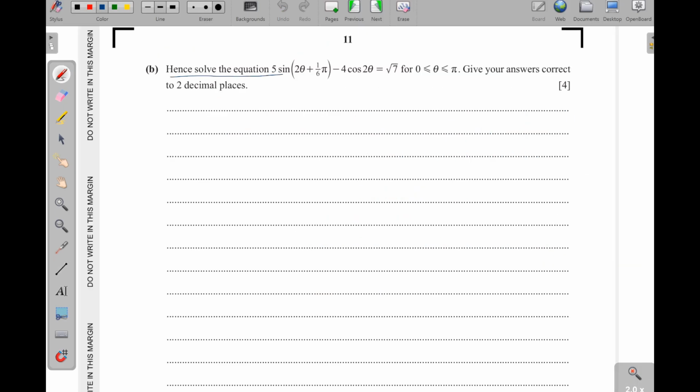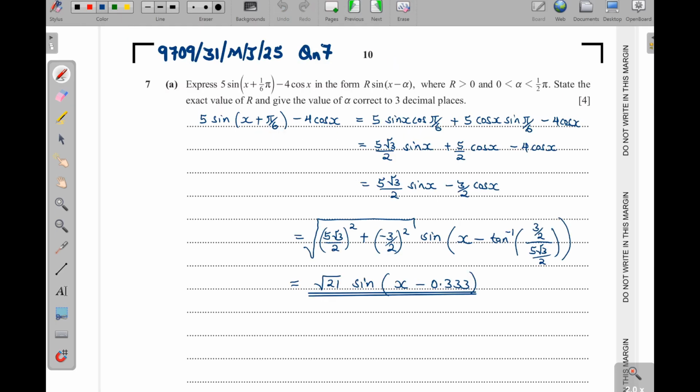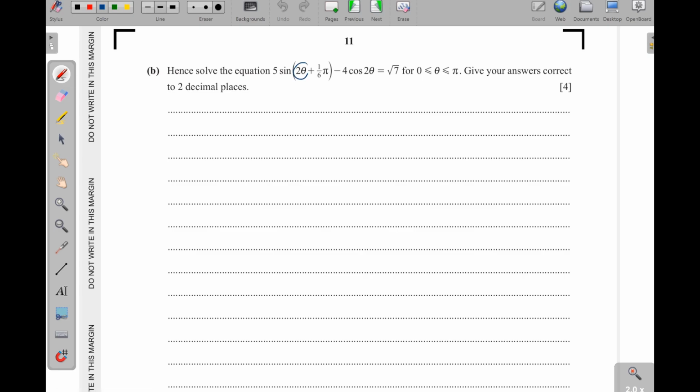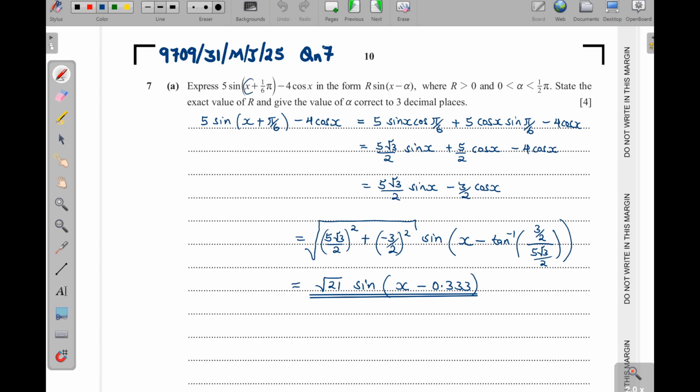Part B, hence solve the equation, this one here, which is equal to root of 7 for theta ranging from 0 to pi, then give your answers correct to 2 decimal places. Now, by referring to what we are having here, look at this 2 theta, and you also look at this x here.